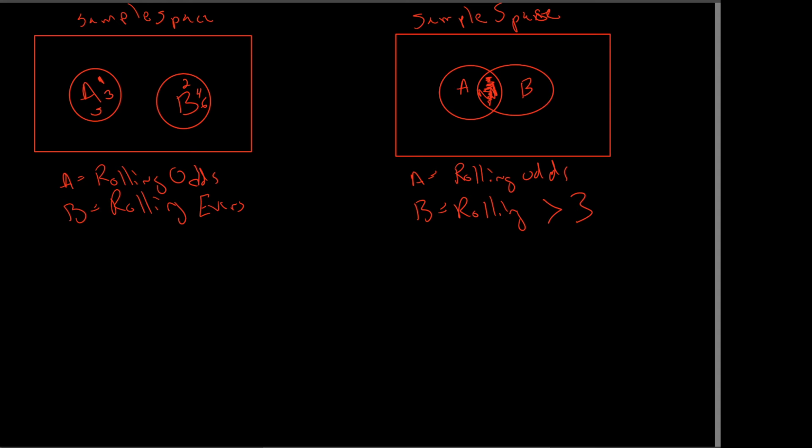Well, here, this would have 1, 3, and 5, and this one would have 4, 5, and 6, and they share 5. And so these are called mutually exclusive events when there is no overlap in the outcomes between the events.